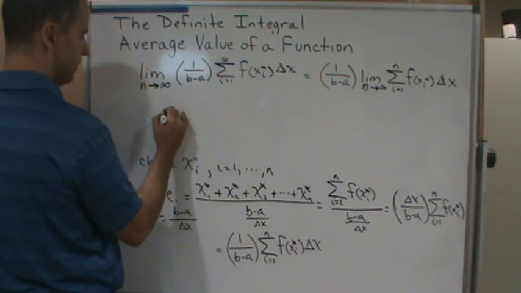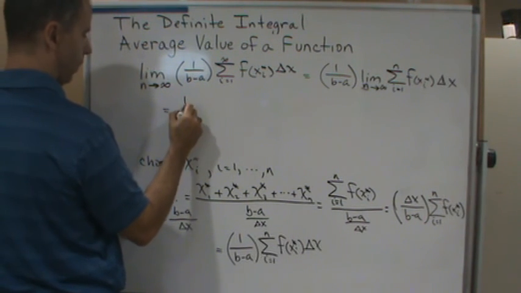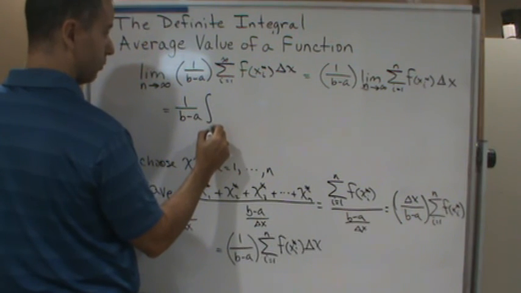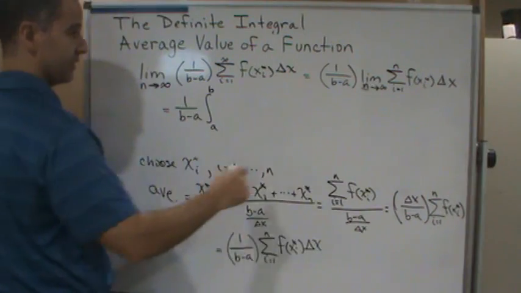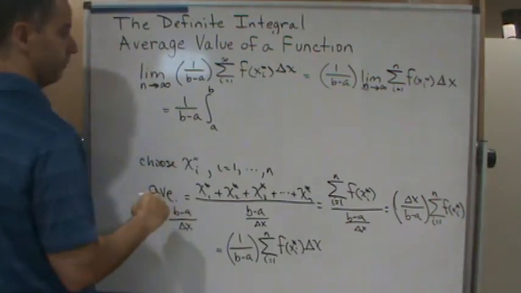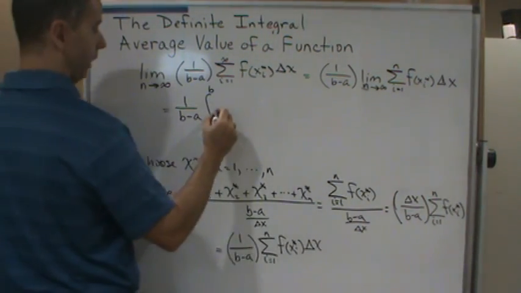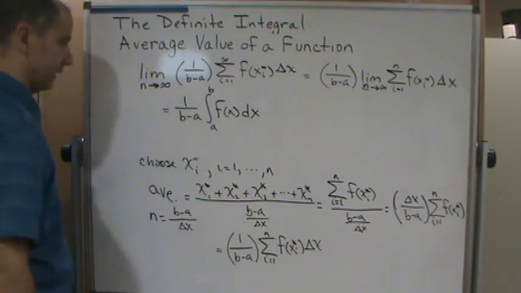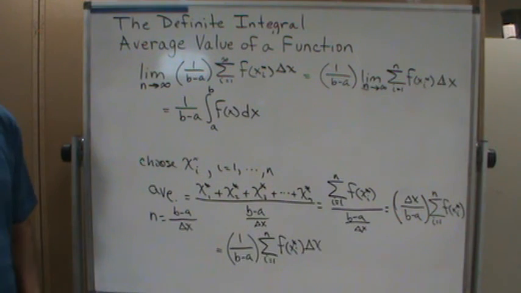So this gives us 1 over b minus a times the integral from a to b, the definite integral of f of x dx. And that is how we find the average value of a function.